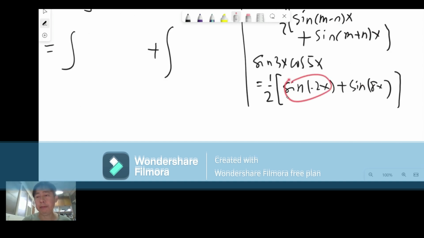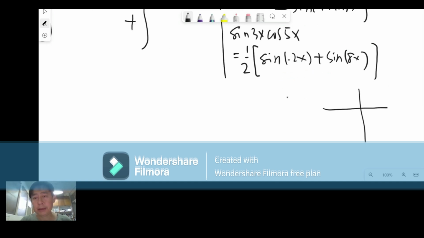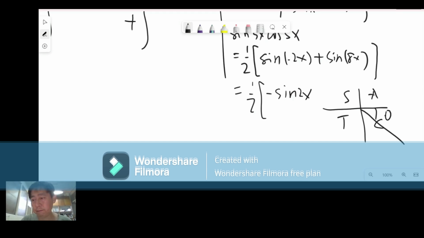Simplify sine minus 2x further by using the understanding that sine minus 2x equals minus sine 2x. This relationship, sine minus 2x equals minus sine 2x, is by referring to the mnemonic CAST, namely for the angle in the fourth quarter, which denotes values of theta that are negative.